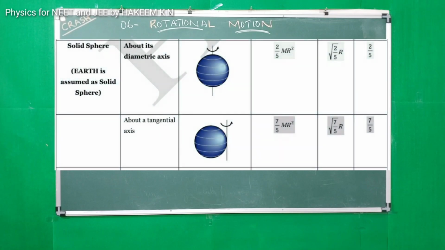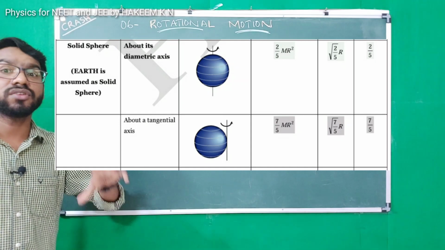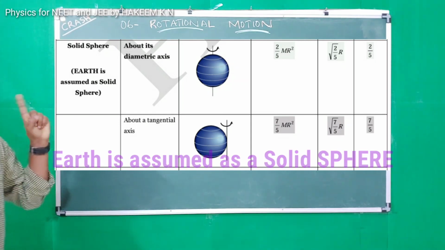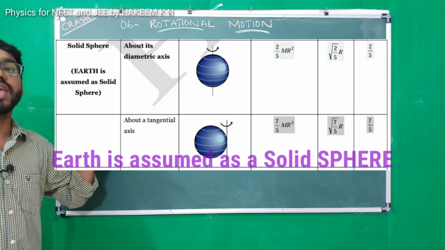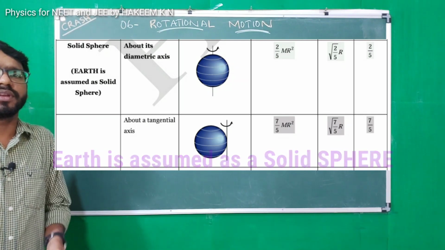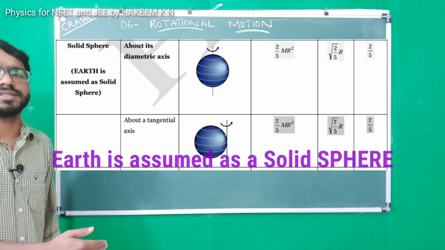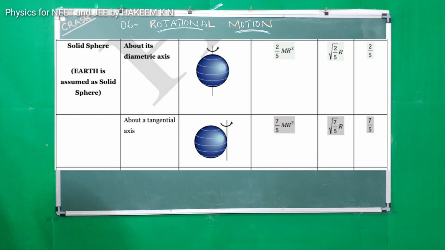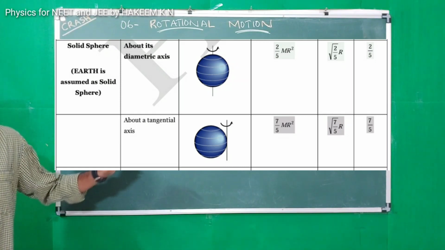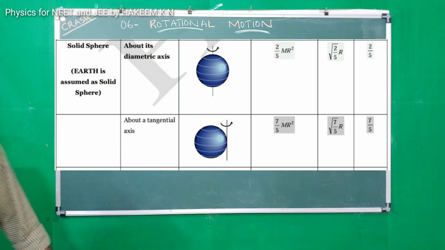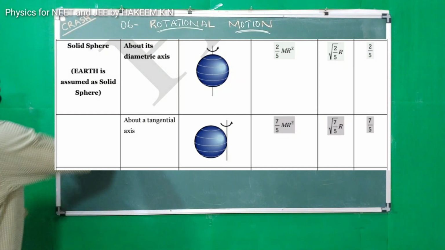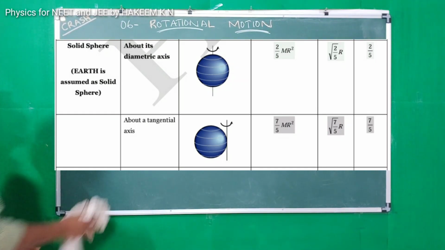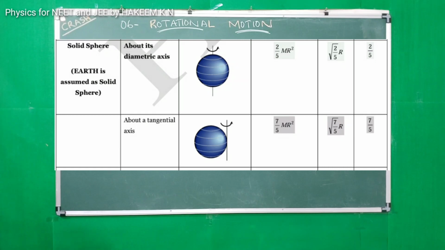Next you can see the solid sphere, a very important one, which is also mentioned in the NCERT textbook, that we can use in case of the earth. Its moment of inertia about any axis through its diameter is 2 by 5 Mr square, and k, the radius of gyration of the solid sphere, is root of 2 by 5 into r.